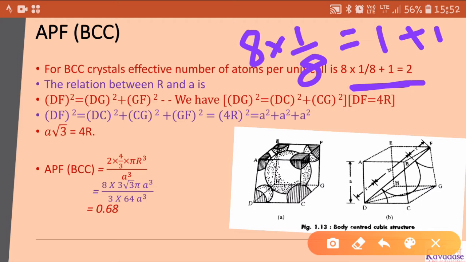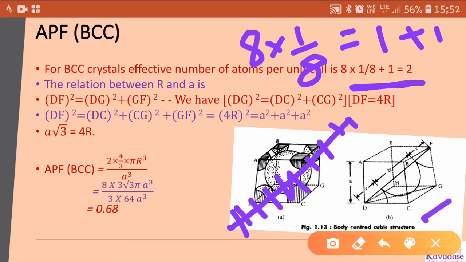And to find out the relationship between A and R, you can cut this crystal along the D to F section. If you cut this section DF, you can see this type of figure. In this figure the AD length is A. Why have I taken D to F?